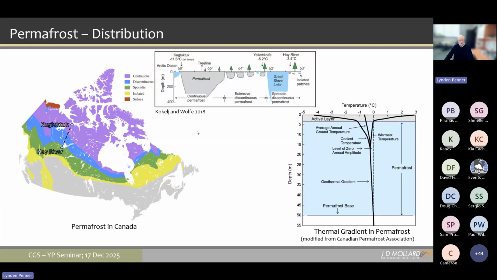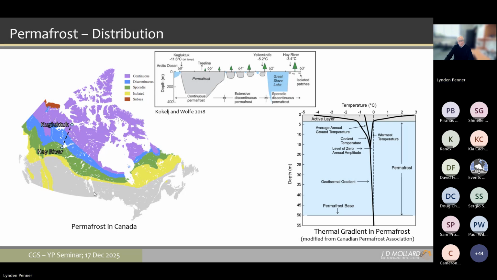To give you an indication of what that sort of looks like regionally, there's a cross section from Kaglucktuk down to Hay River, giving an indication of depths of permafrost, which can extend to hundreds of meters in the continuous permafrost zone, thinning and becoming more intermittent as you go through the discontinuous, extensive discontinuous, sporadic, and then isolated patches of permafrost.